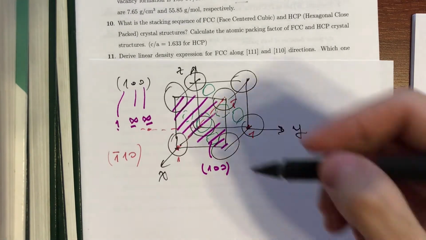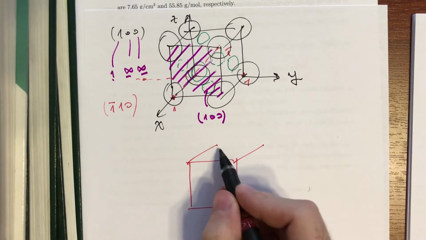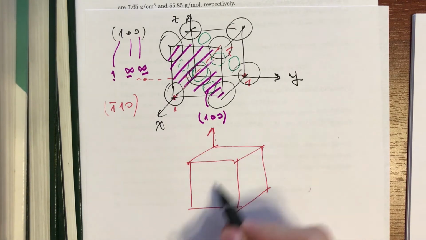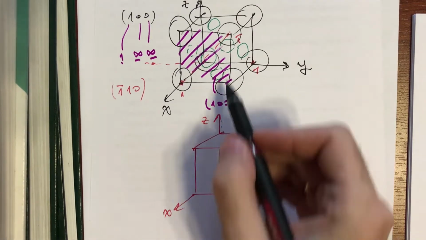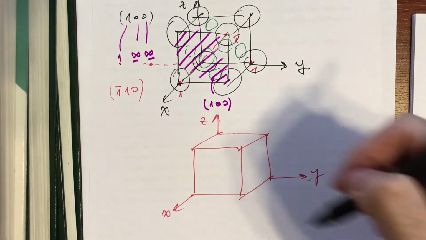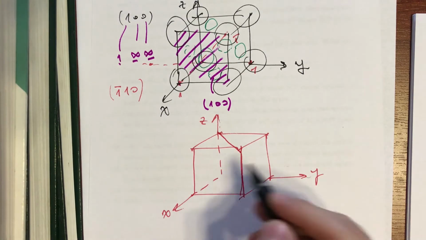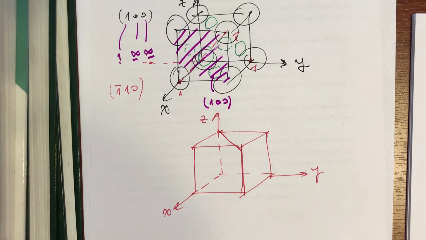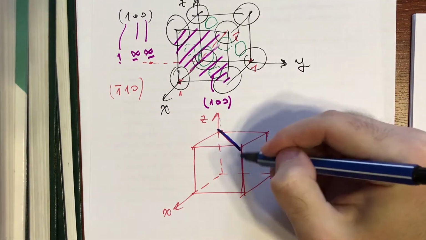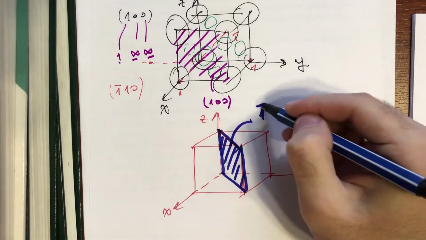So if you draw that plane inside the cube, it's going to look something like this. Normally the minus sign forces you to draw it outside the cube, but you can bring it inside, and it's going to be something like this. So let me draw with a different color. This plane right here. This is going to be minus 1, 1, 0.